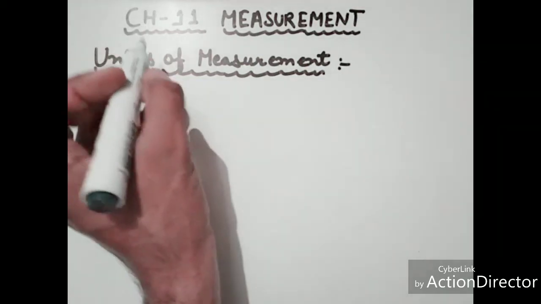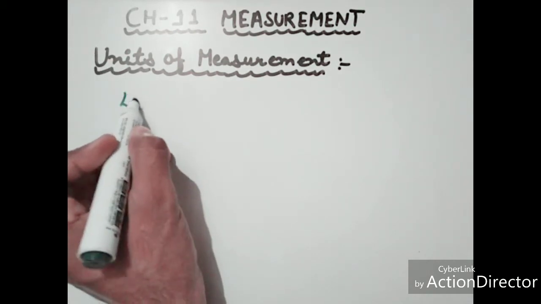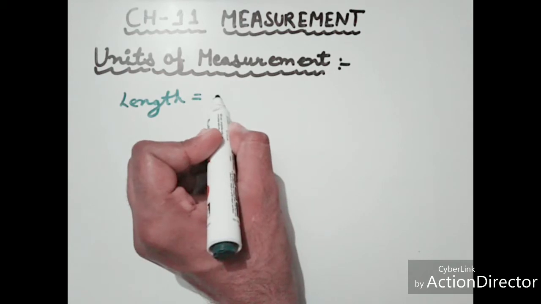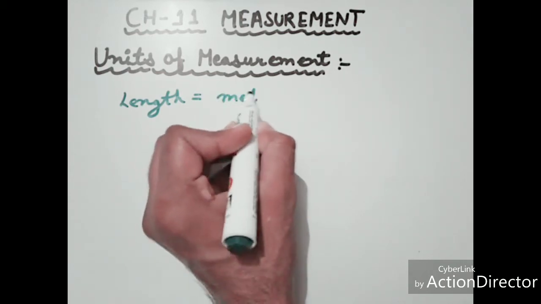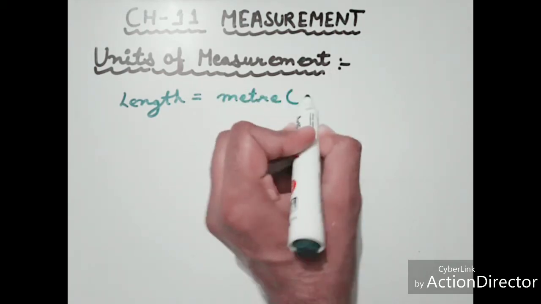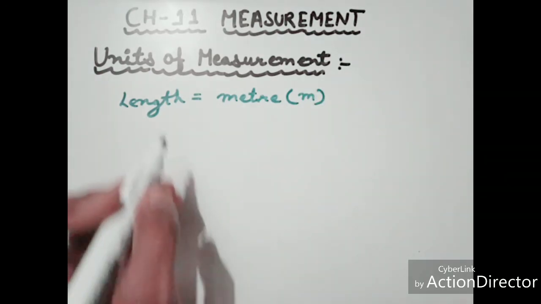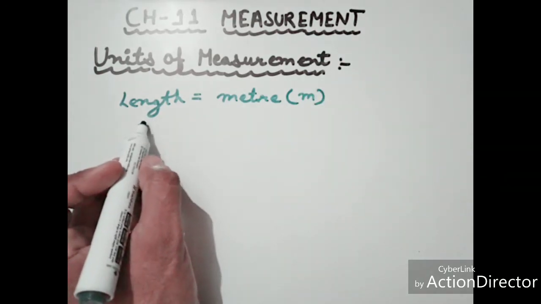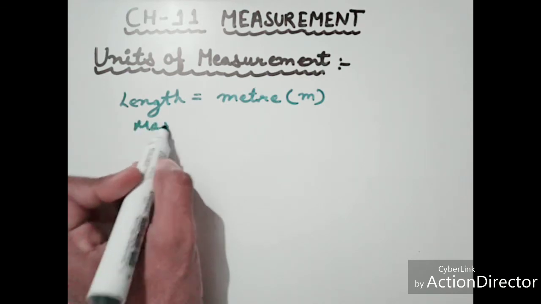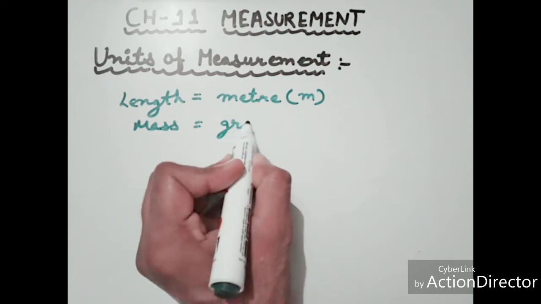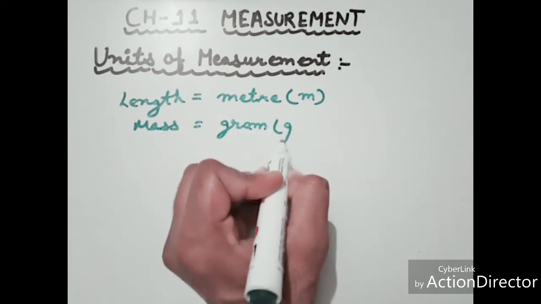So here the standard unit of length is meter and it's denoted by a small letter m. Standard unit of mass is gram and is denoted by g.